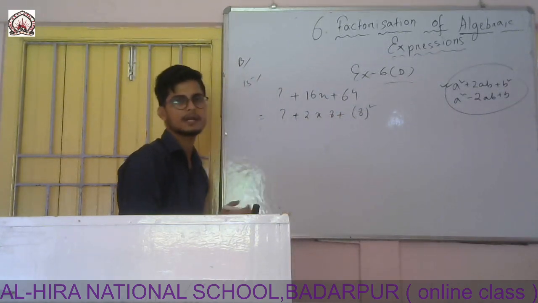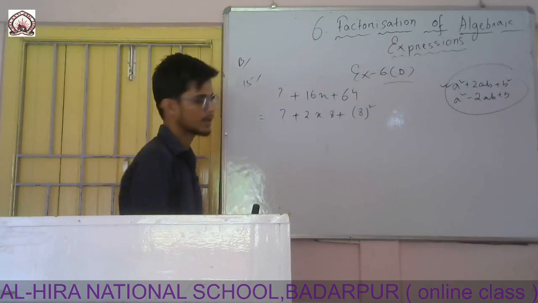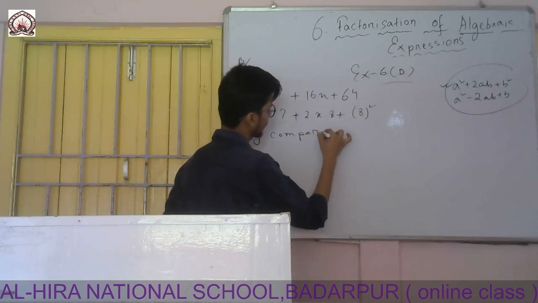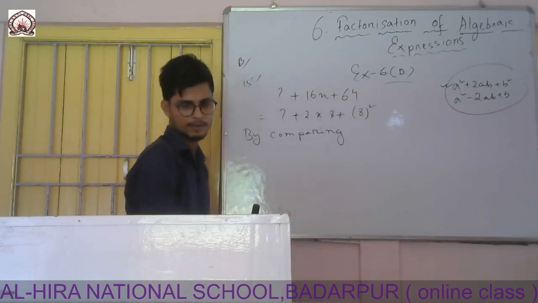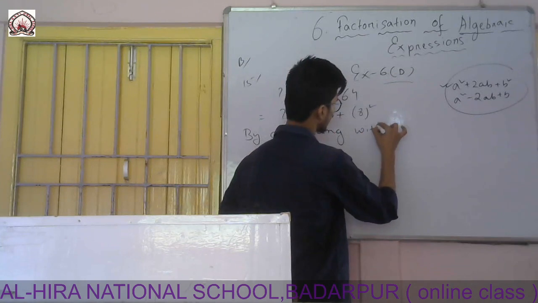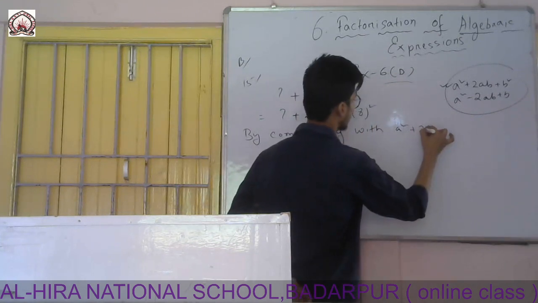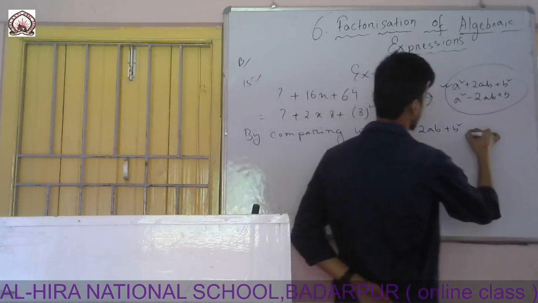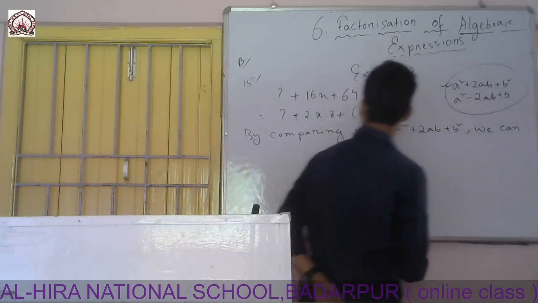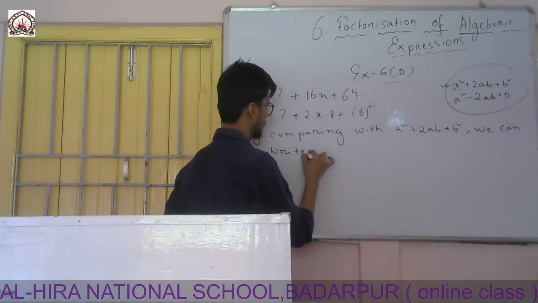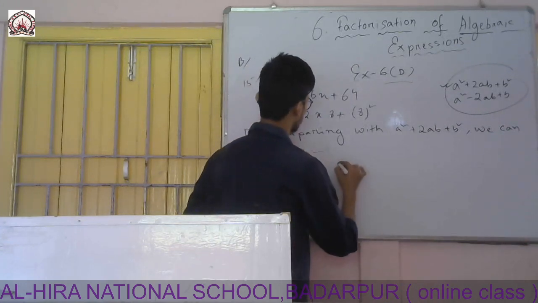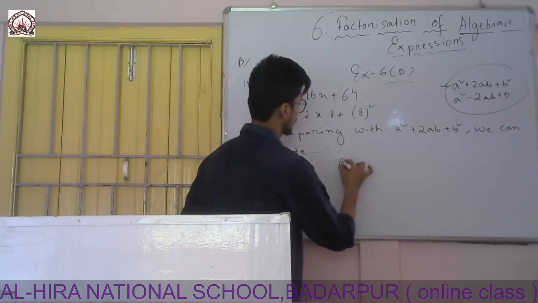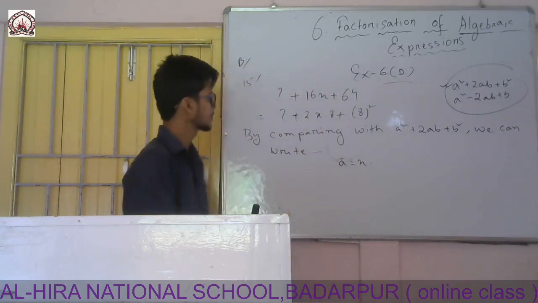Simply by seeing this one we can understand, but you write one line that by comparing with a square plus 2ab plus b square, we can write the value of the first term will be x.